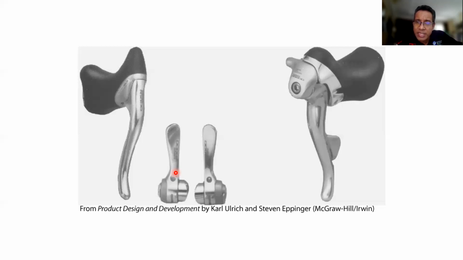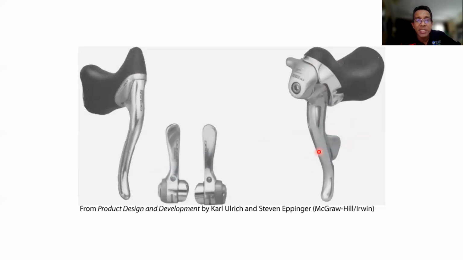So this design we call a modular design, and then this is an integral design. After several improvements, innovations, you can see this design. Maybe your bicycle uses this kind of design for gear shifting and brake. They have a similar chunk or similar part, and they combine all these functions together.